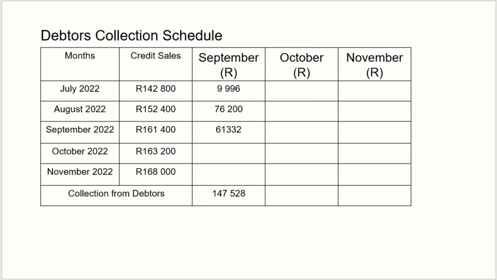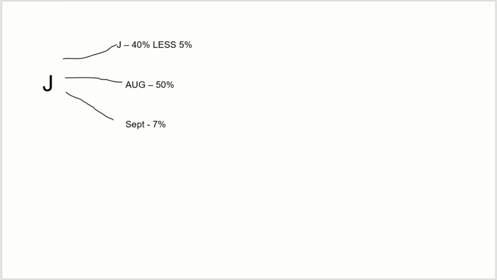Okay, so you're going to go to your answer sheet and look right at the top, at which months are written at the top. So we're preparing for September, October, and also November. All right, now going over to your stem and branch, you'll see that we have July, August, and September, but it appears that we are not preparing for July, so we're just going to cancel that one out.